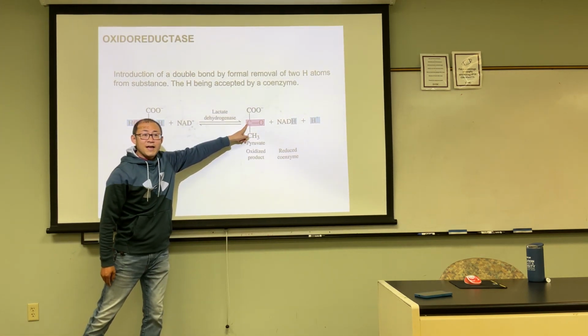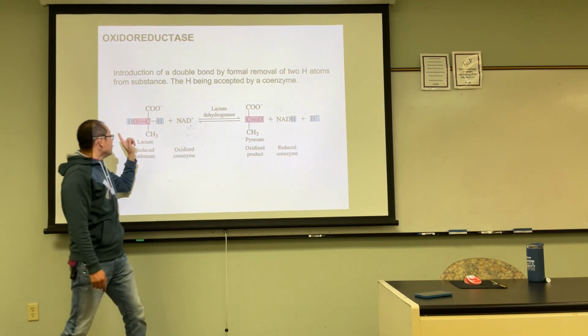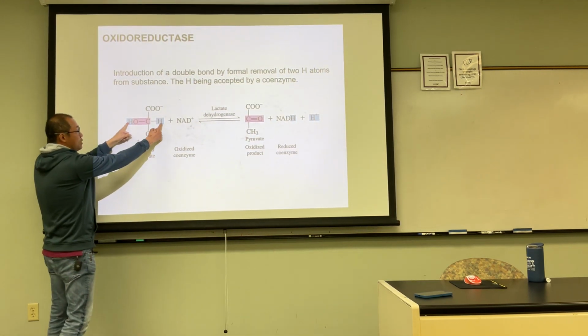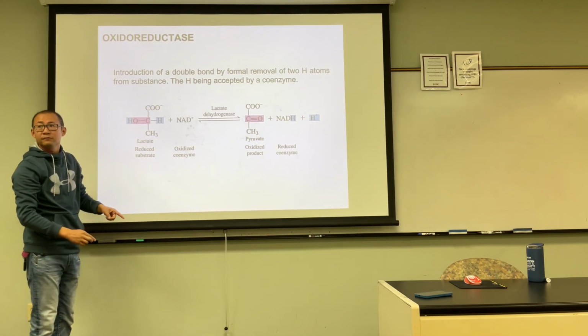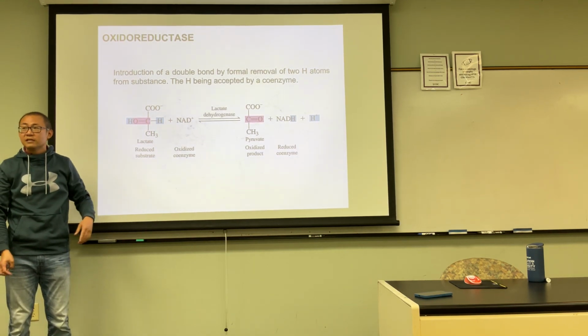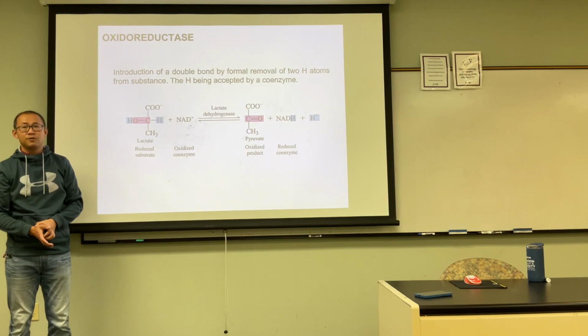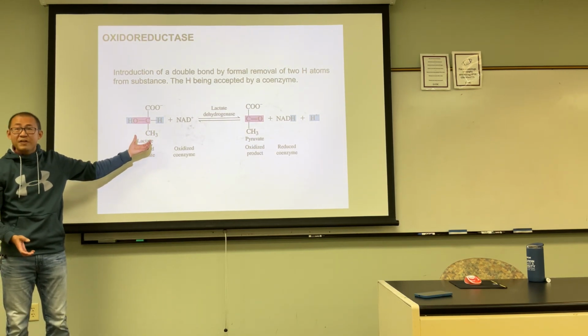A ketone. You see that CO double bond with 2 carbons? It is a ketone. Alcohol becomes ketone. What happened is what? These 2 hydrogens are removed. You put in a double bond. We learned this reaction. It's a secondary alcohol actually, gives you a ketone. We learned that in chapter 3. This reaction is called what? Oxidation reaction. Removing hydrogen.